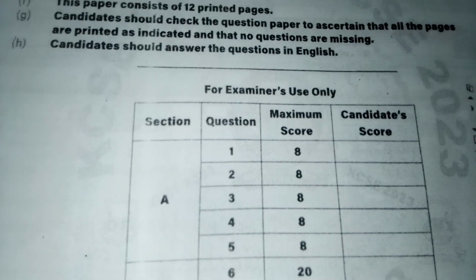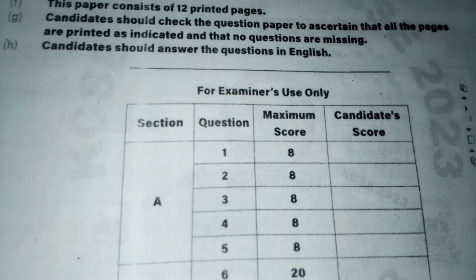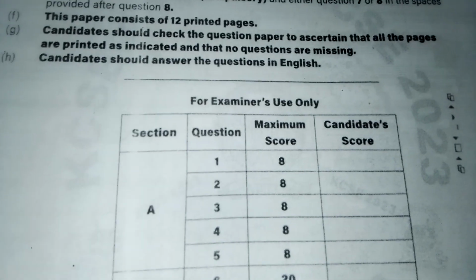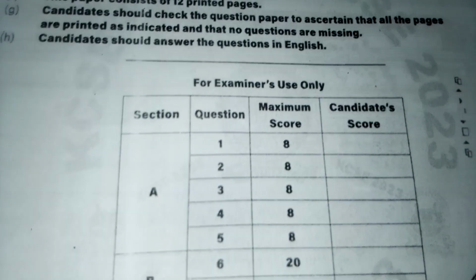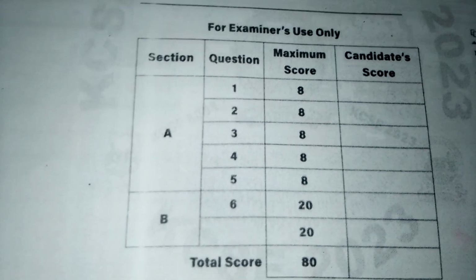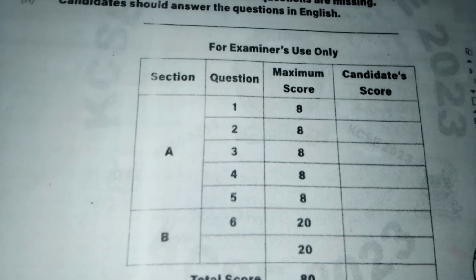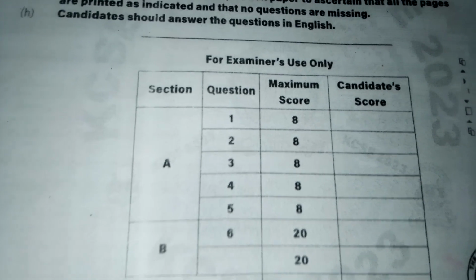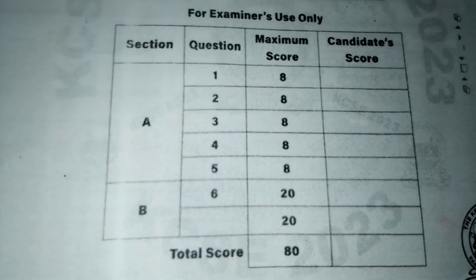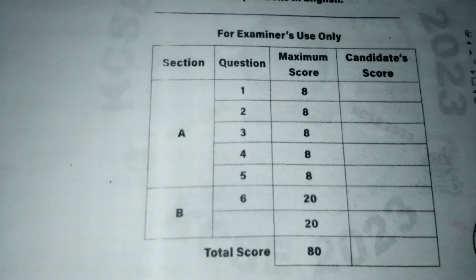Question 4, 8 marks. Question 5, 8 marks. Question 6, 20. And then either question 7 or question 8, 20 marks, giving a total of 80 marks.